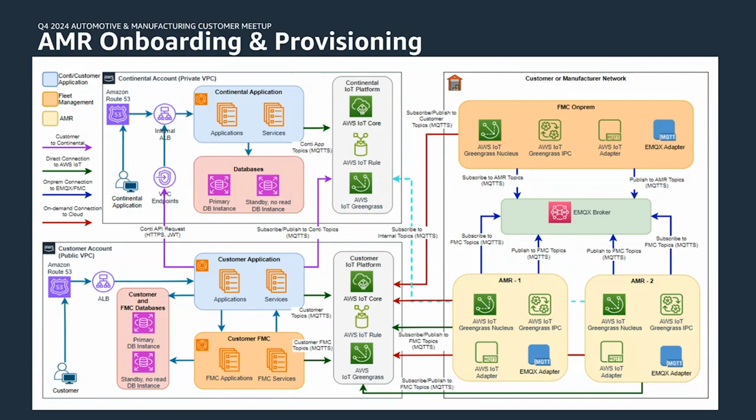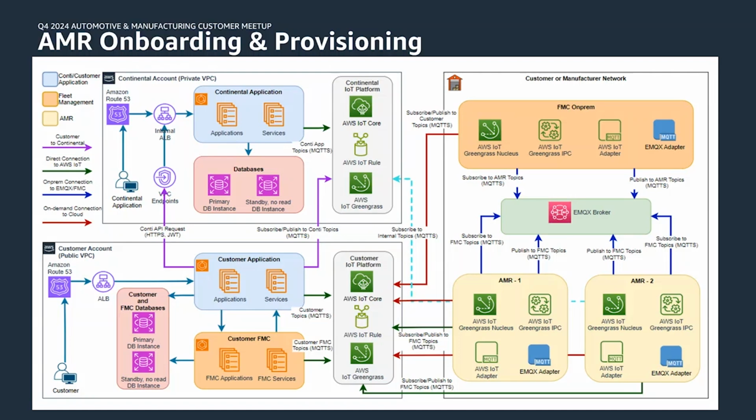The hybrid model helps the AMR as well as the FMC work offline seamlessly with the Greengrass setup, where the FMC and AMR fleet are connected through the MQTT broker, what we call the MQTT broker, that exchanges communication between one or many AMRs as well as the warehouse management system.